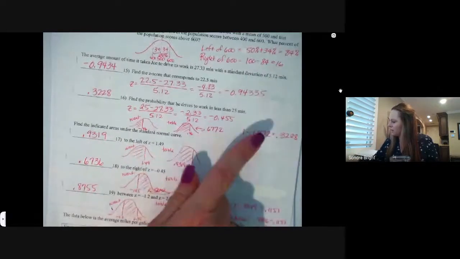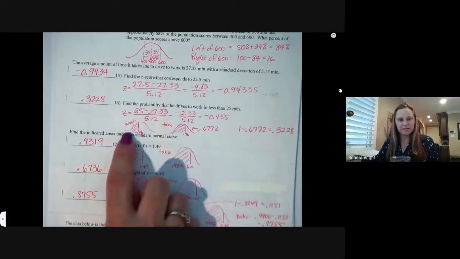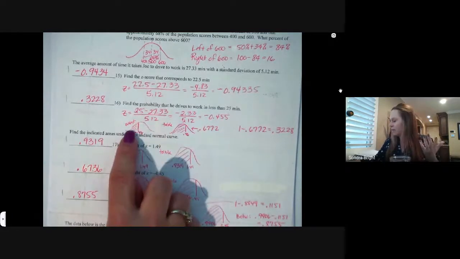So the fact that he drives to work in less than 25 minutes means I want the area under the curve to the left of negative 0.46. But remember, the table that we gave you only has a positive 0.46, and it gives you the area to the left. So when I look in the table for a z-score of 0.46, I get an area of 0.6772.